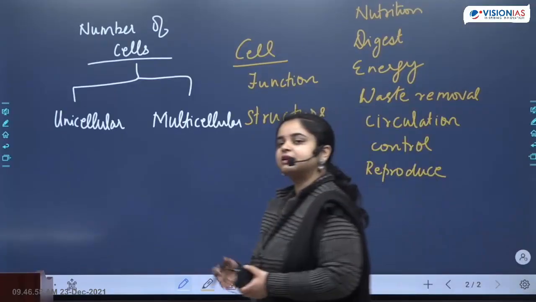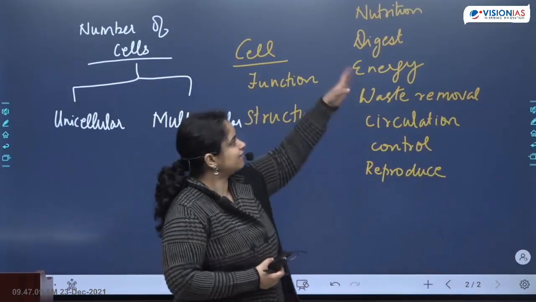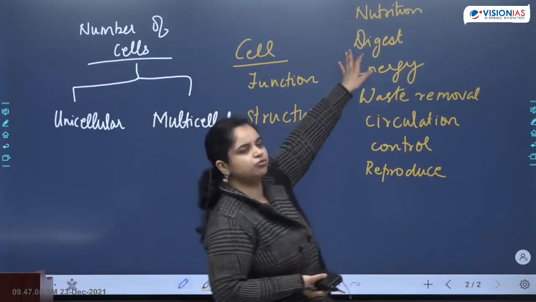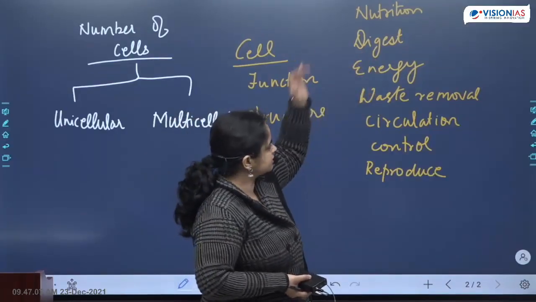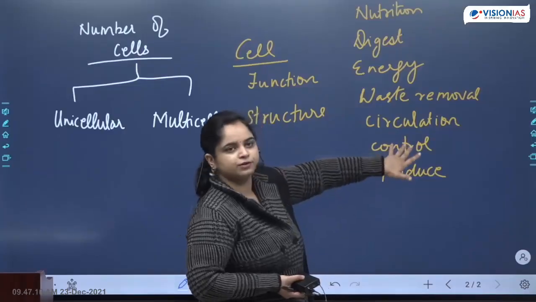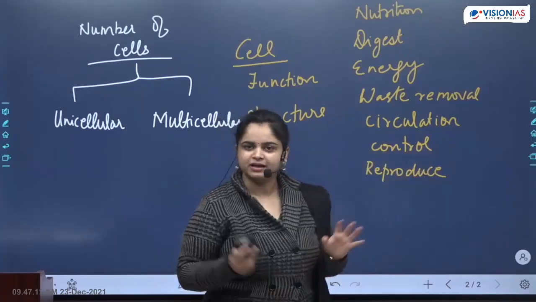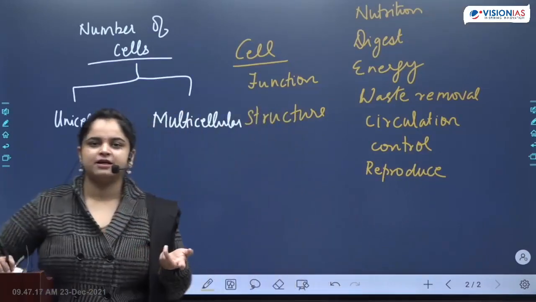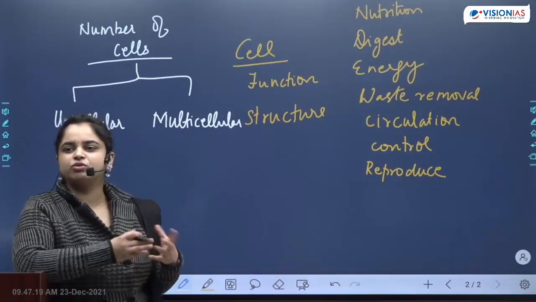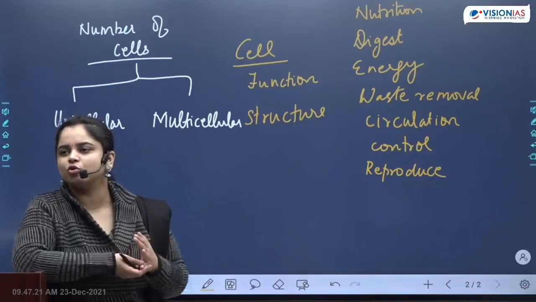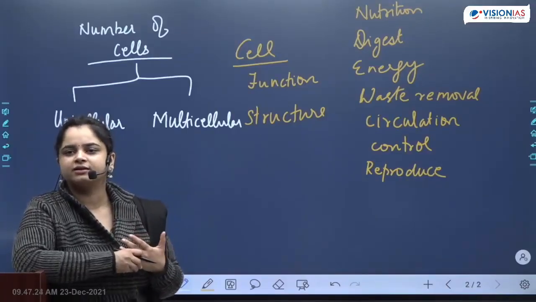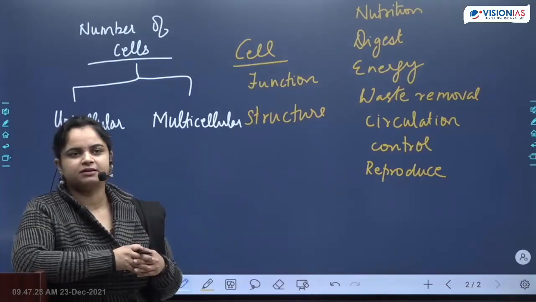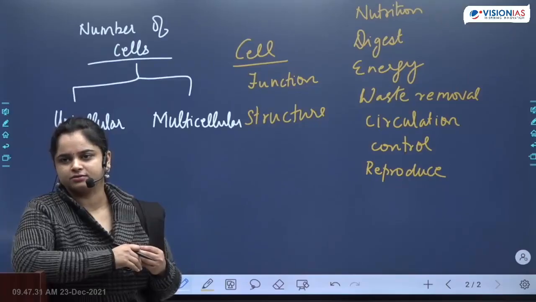For example, in your body, these overall functions are divided. Your stomach will do your digestion process, your control of the body will be done by the brain, like that. So different types of cells become specialized, they do different functions, and ultimately that whole system coordinates together for life to be possible. That would happen in the case of a multicellular organism.